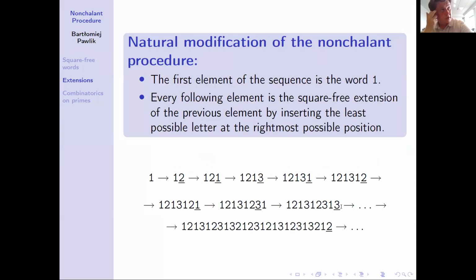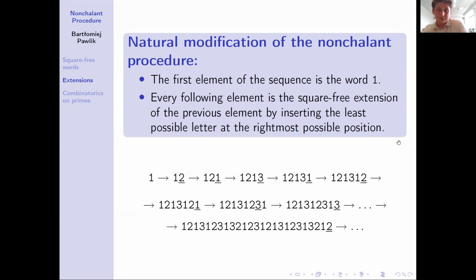We did think about some modifications of the nonchalant procedure. The first modification that came up is that the first element is, again, the word 1, and every following element is the square-free extension of the previous element by inserting the least possible letter at the rightmost possible position.